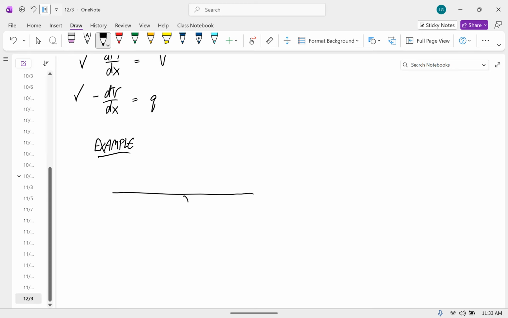So let's say that we have a pin joint at the center of this beam. And a roller at the left end. And 1,000 Newton force going this way.